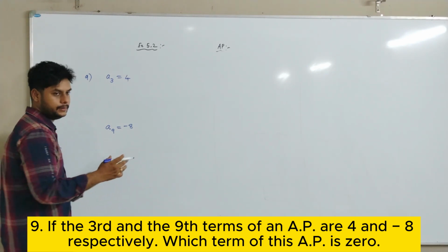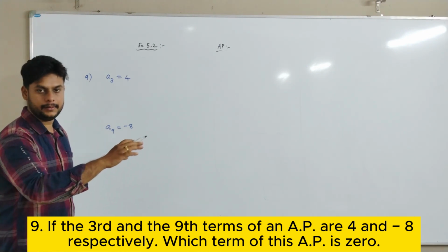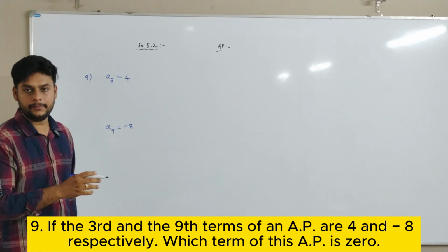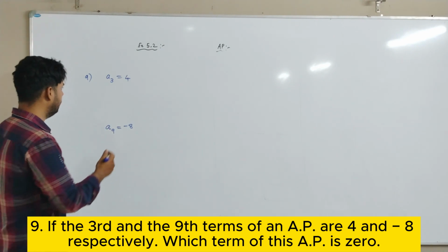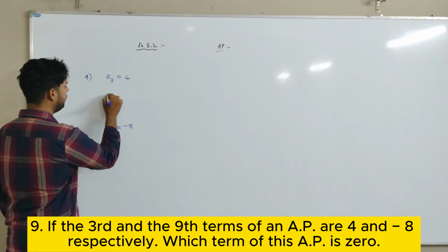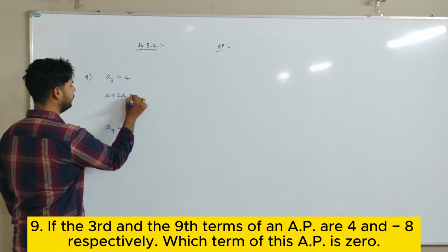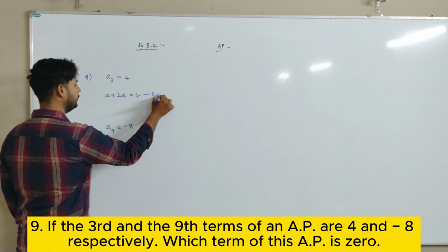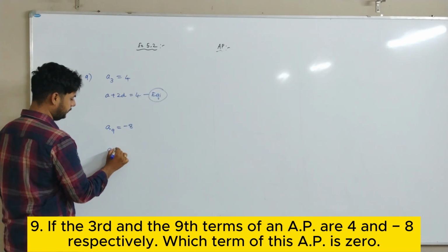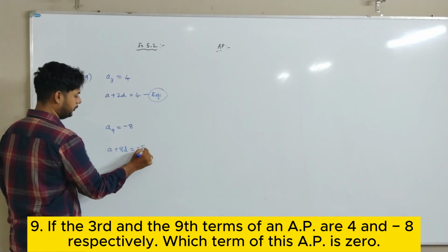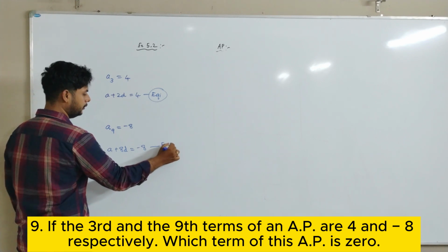So somewhere in this AP there is a 0, and I should tell which term it is. Again the same. A3 means I can write A plus 2D is equal to 4, equation 1. And A9 means A plus 8D is equal to minus 8, equation 2.